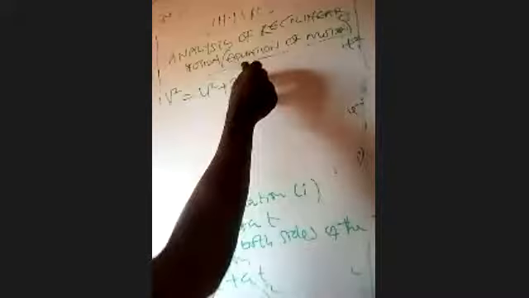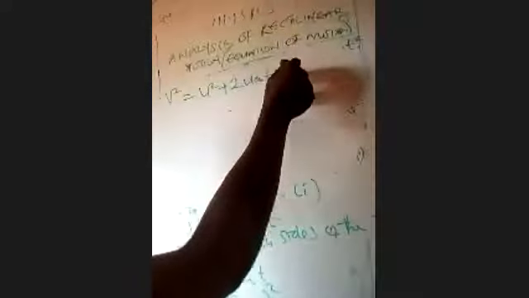And this will give us v squared, which is equal to u squared plus 2uat plus a squared t squared.